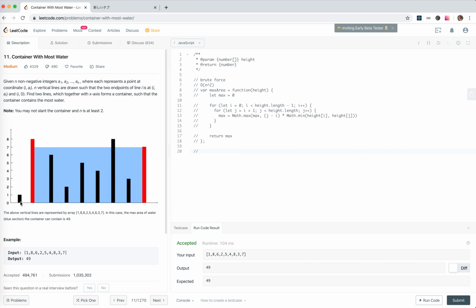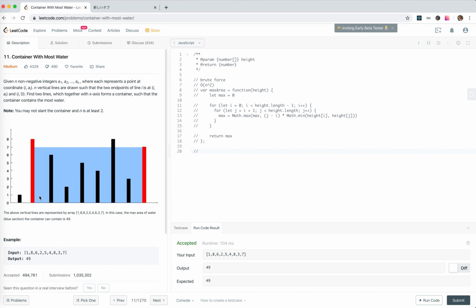Because it is smaller, any container using it would be limited by its height, and any container would be bigger if it started with a taller border. So I can safely remove this one, and the optimal container would not start with this one if there is a bigger one. You will be starting with another one.